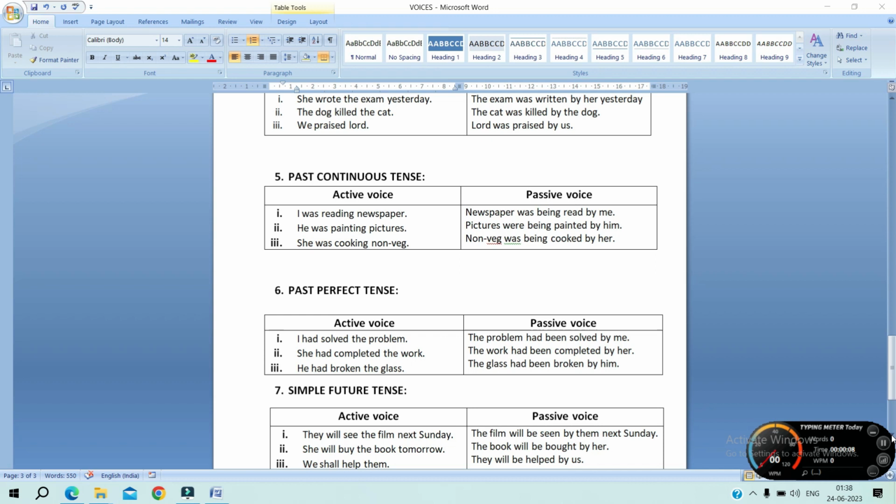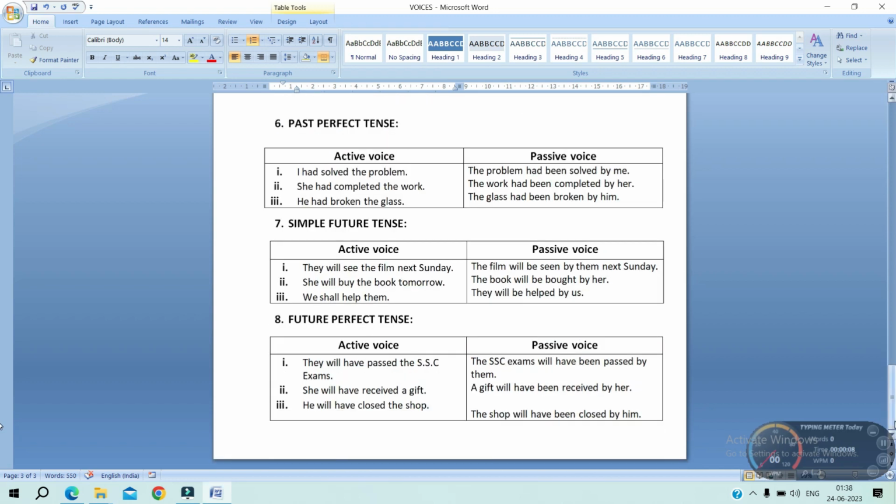And in simple future also, they will see the film next Sunday. The film will be seen by them next Sunday. And in future perfect tense, they will have passed the SSC exams. The SSC exams will have been passed by them.